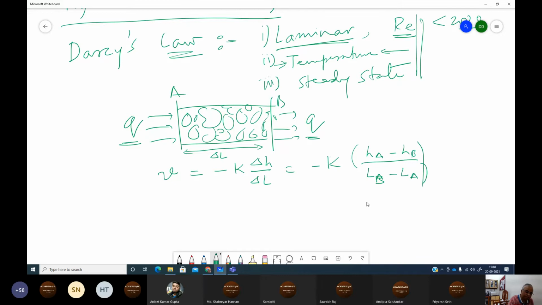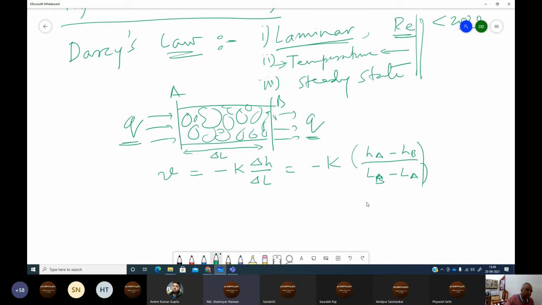Means the velocity of this fluid or water is related to a constant k, and you note this minus sign, and is HA minus HB by LB minus LA. So that is the del L. Now you are seeing, of course, why this minus sign is given.